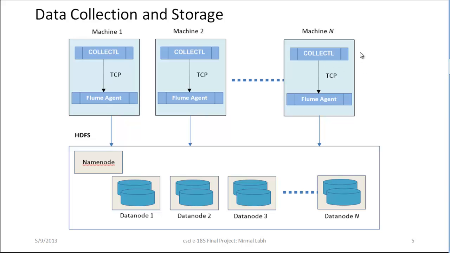So the collector utility can be run in two basic modes. One is to collect information on all the OS metrics and dump it into a local file. The second is it can send information across a TCP port.